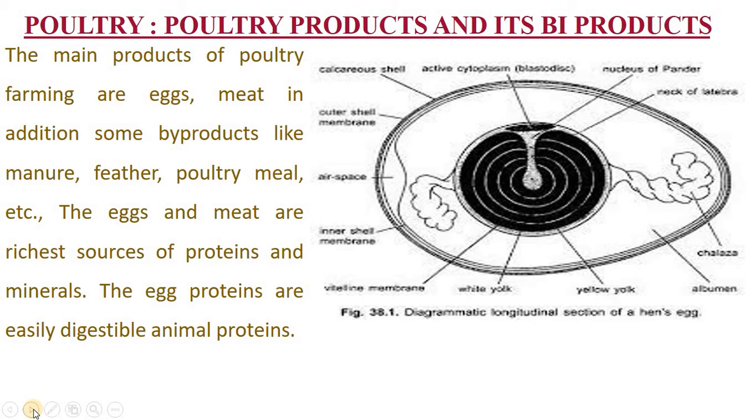In a nutshell, the egg is the only food item where we find all 20 amino acids. Therefore, eggs are the best food for protein malnutrition. Nowhere else in the food items do we find all 20 amino acids, essential or non-essential.